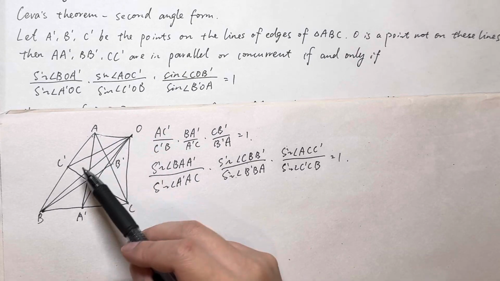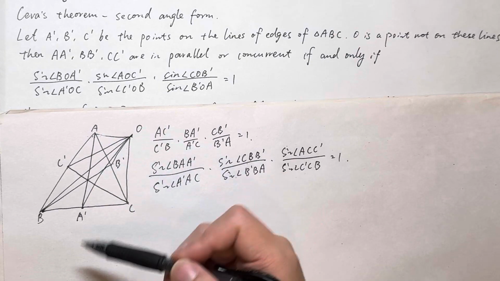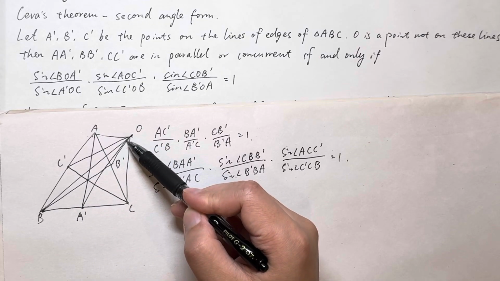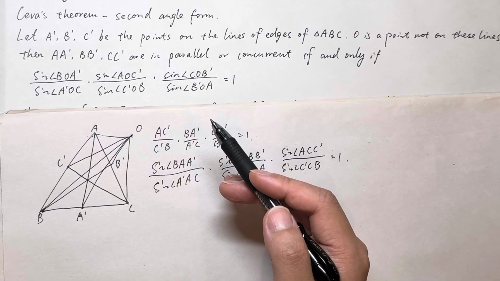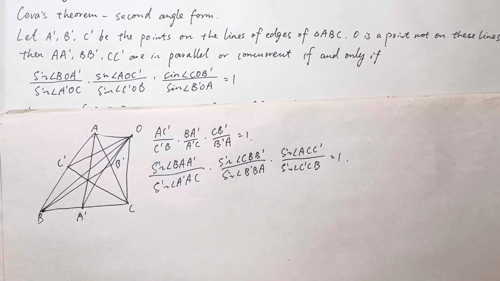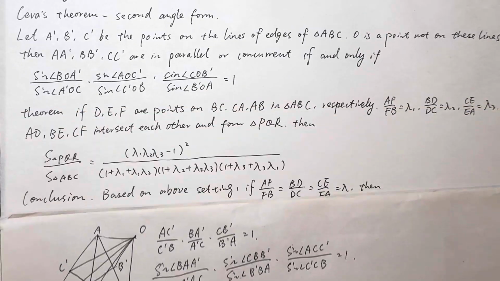So we transfer it to the area ratio, and then the products of the edges and the ratios of the edges all cancel each other. So we only have the sines of these angles. That is obvious, okay?